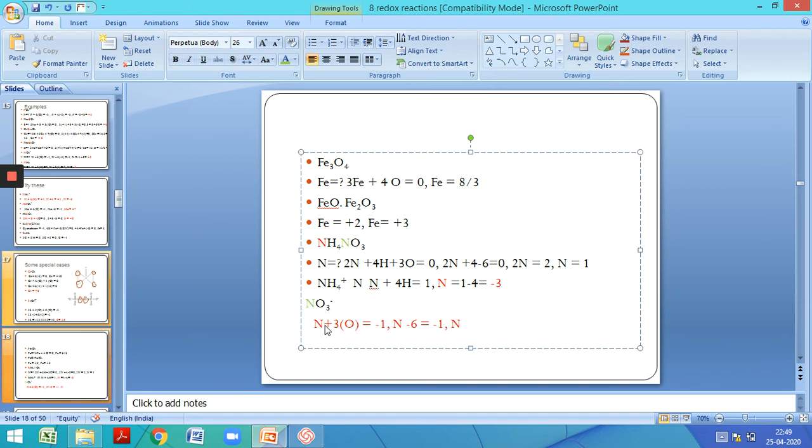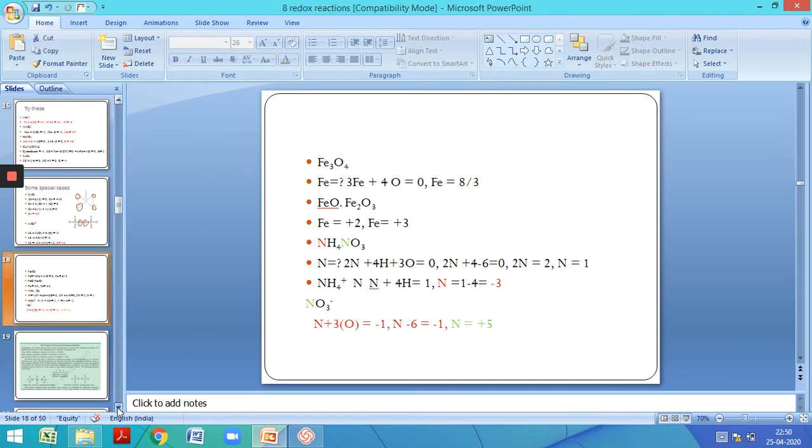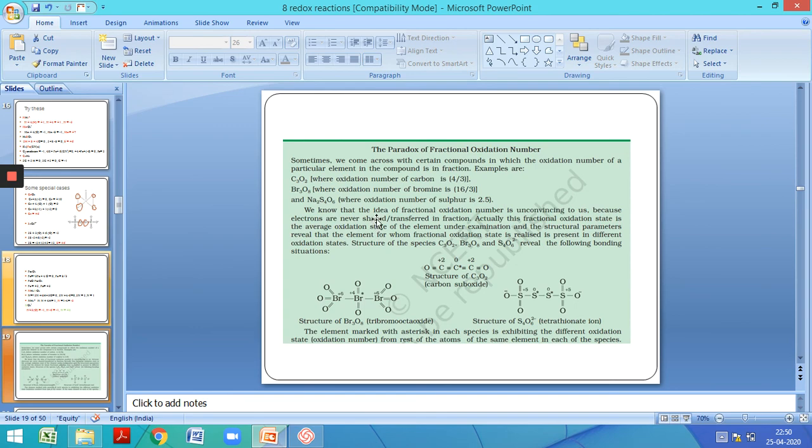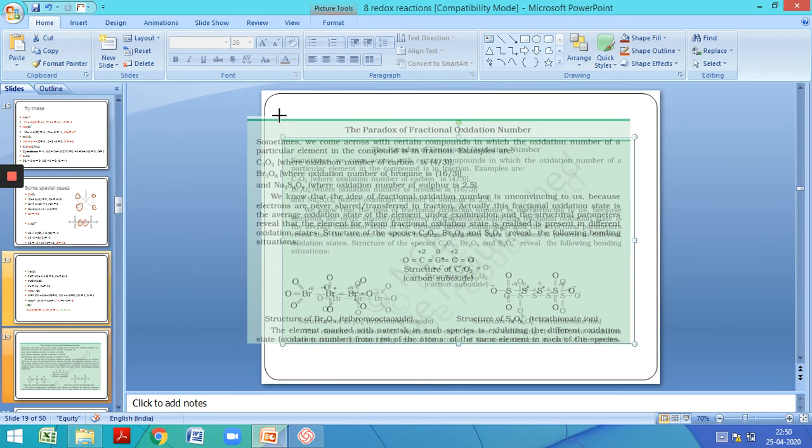Therefore, nitrogen has an oxidation number of +5 in this case. So the green nitrogen +5, the red nitrogen -3. Nitrogen has two different oxidation numbers here. We'll just in the end discuss the paradox which is given in your NCERT textbook.